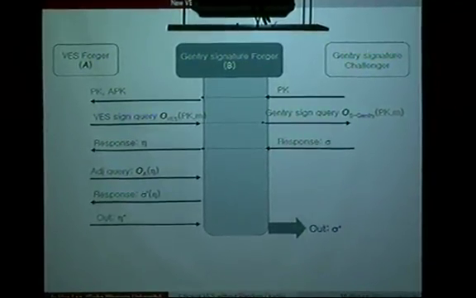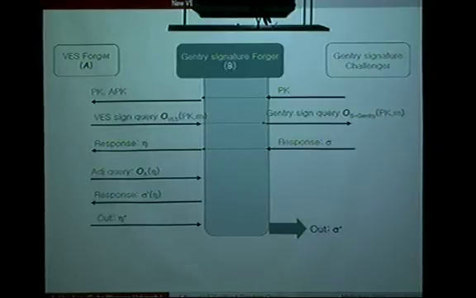And then this step outputs the ordinary signature. So this completes theorem 1, and the second property is the opacity.